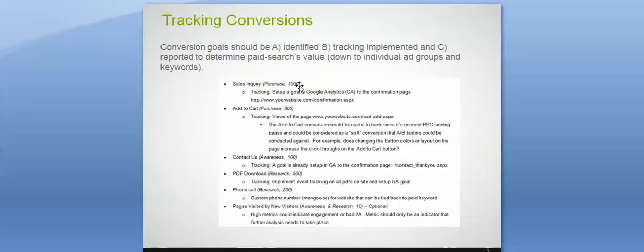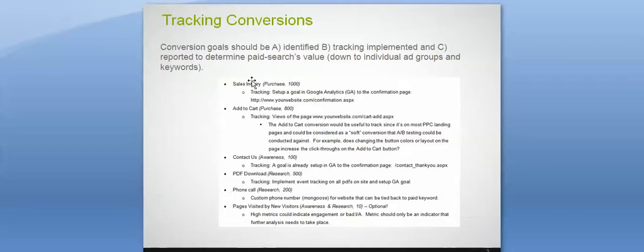But again, first, identify a purchase action. So a sales inquiry is worth maybe 1,000 to your business or your clients, while maybe a contact us is earlier in the sales cycle, but it's about awareness and it still has some value. While PDF downloads and phone calls, those are more engaged types of visitors, which probably are somewhere at a value between someone doing a product purchase or sales inquiry to just maybe contacting, giving you a call.